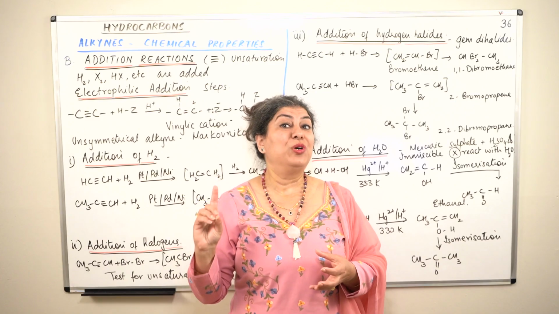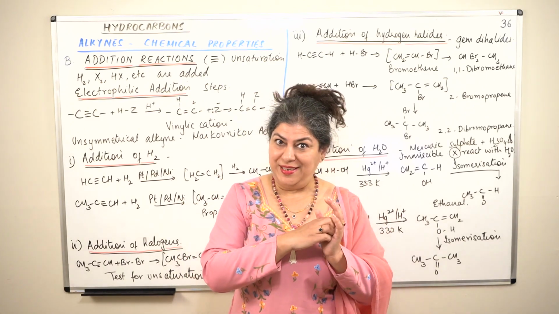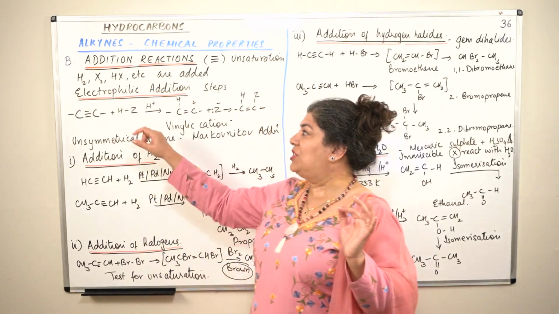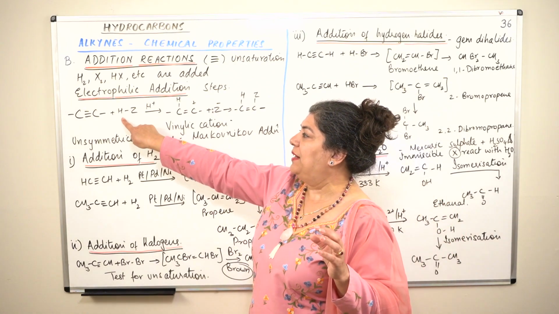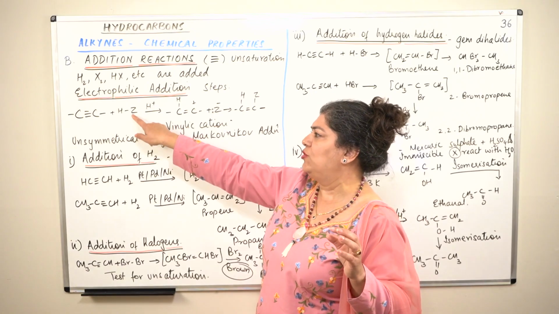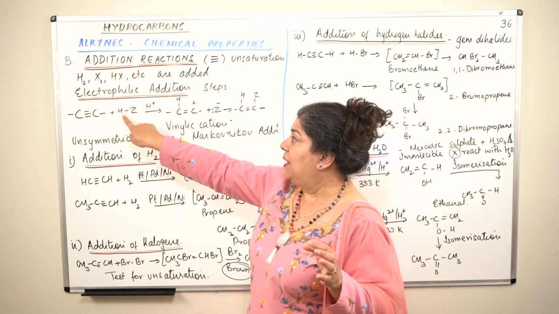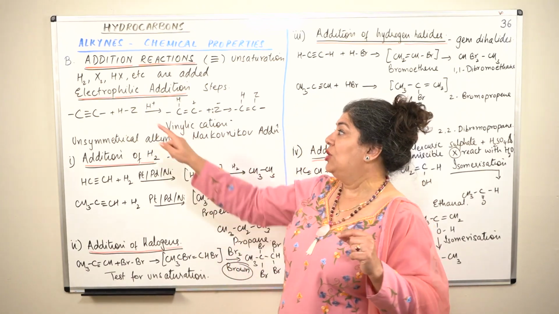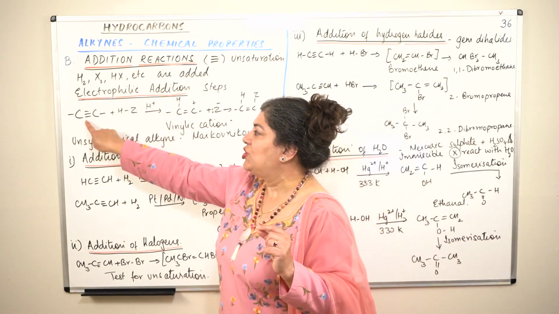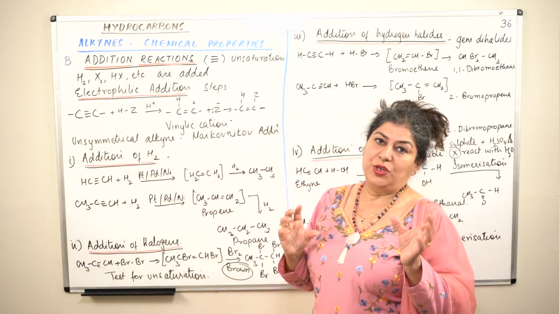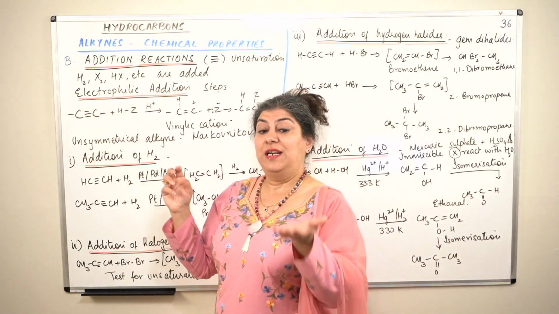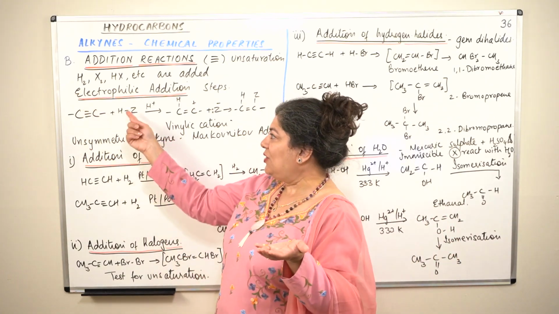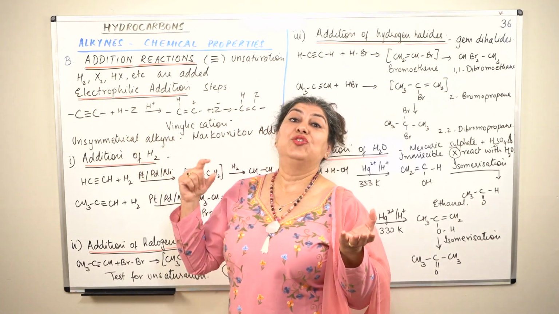That part which is positive would be attracted to the negative part. So in the case of hydrogen halides, hydrogen, which is combined with a halogen or any other negative part, is the positive part. So in the first step, the hydrogen attacks the triple bond, or the carbons which have the triple bond, the electron dense center. So the hydrogen is the electrophile here.